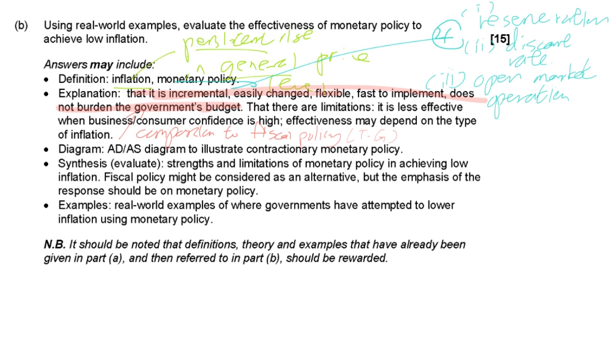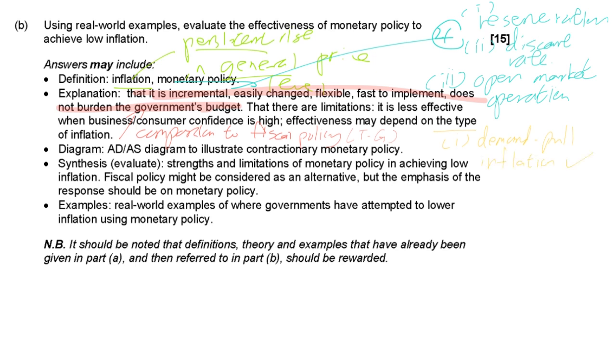If the government makes use of fiscal policy, it might adjust the G, that is the government expenditure. Next we are going to talk about the effectiveness and the weaknesses. It might depend on the type of inflation. For example, for demand-pull inflation, of course, monetary policy can deal with it.